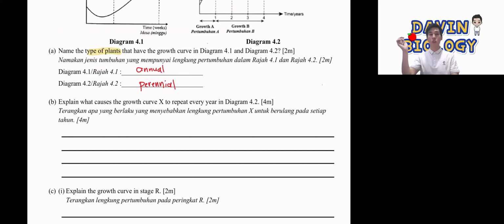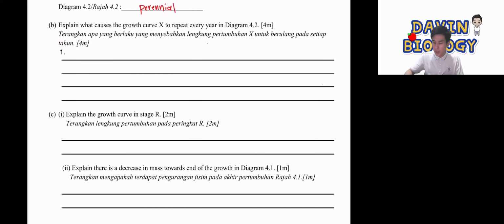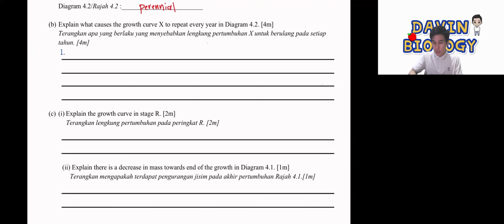What causes the growth curve X to repeat every year? So this is the one that I was mentioning earlier. Why does it repeat the same way every year? Because every year you have the same season. So here we will say, 2 marks each, number one, during spring and summer, what will happen is there's more growth.